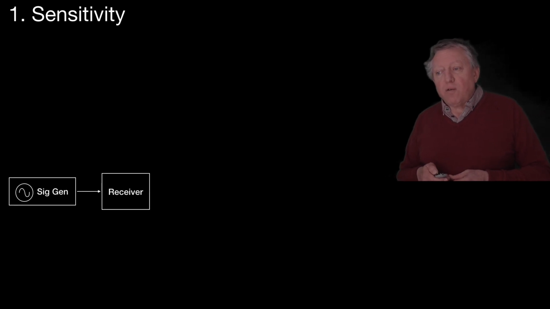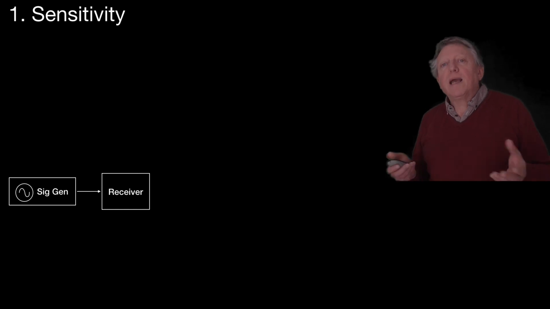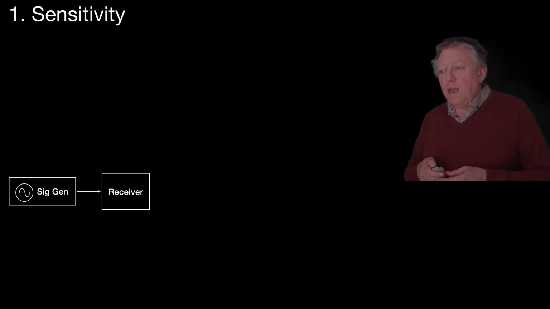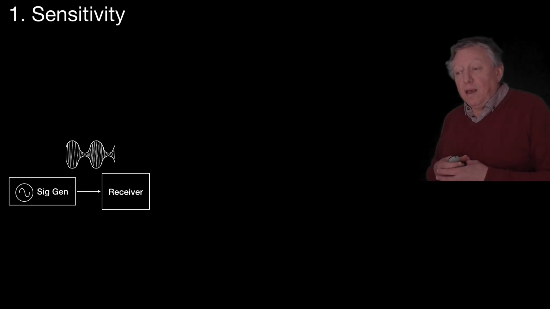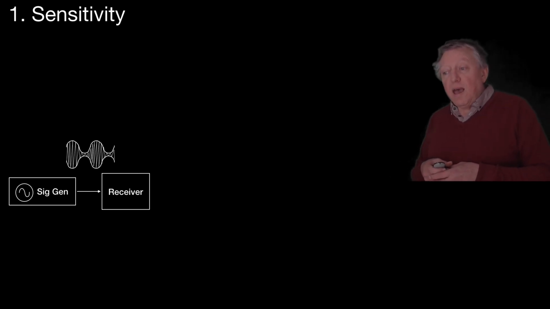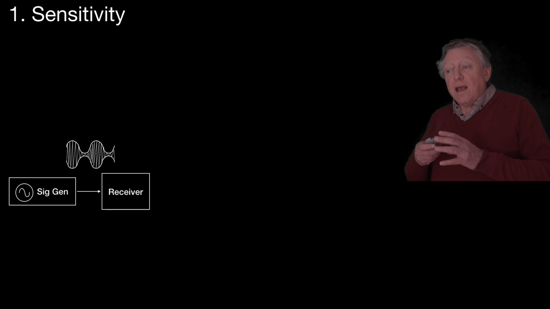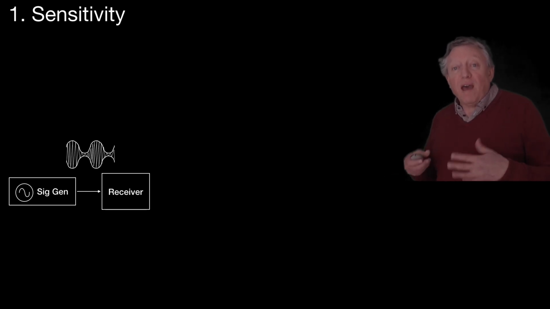If we had a signal generator with an inbuilt audio oscillator and we connected it to our receiver, out of the signal generator we would see a waveform a bit like that. That's an AM waveform, and what we can see there is the typical envelope waveform of AM.